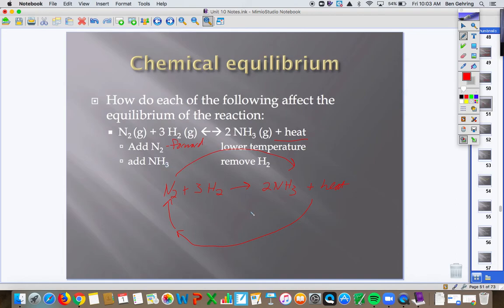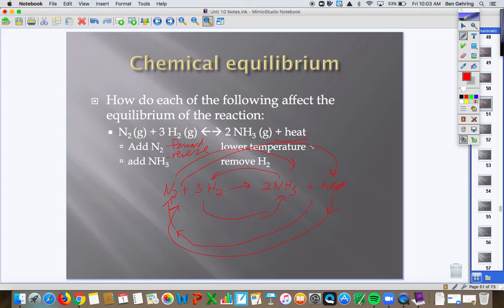If I add ammonia, again I'm adding here, I'm going to draw my circle and complete it on the bottom. The top part's what matters. So I added this. This is going to push the reverse reaction. Okay? If I lower the temperature, heat comes down. I complete my circle, which means I worry about the top part.